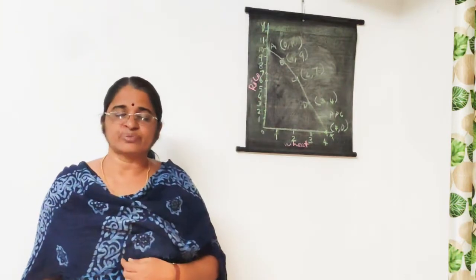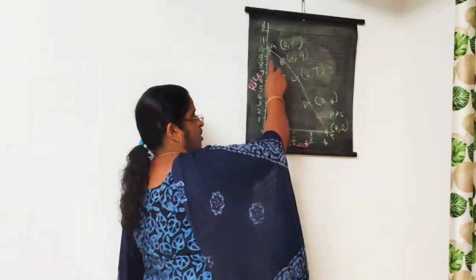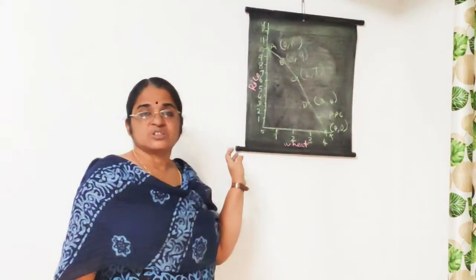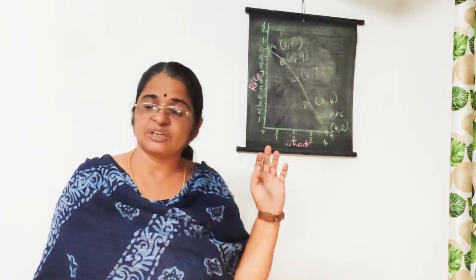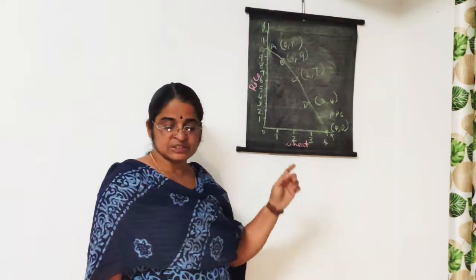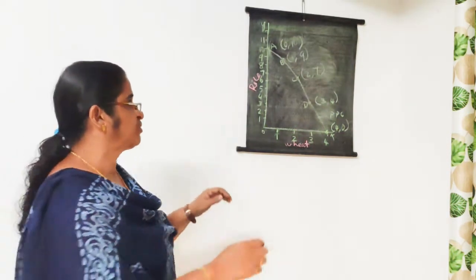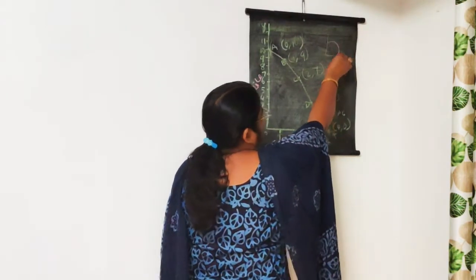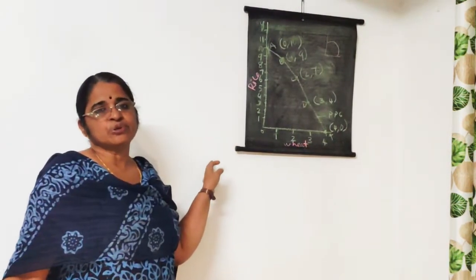The shape of the production possibility curve is downward sloping. The production possibility curve slopes downwards from left to right, and it is concave to origin. Concave shape.